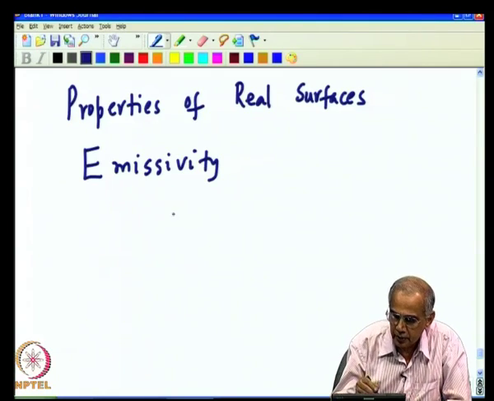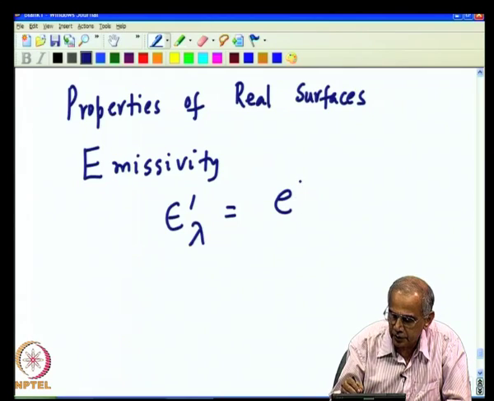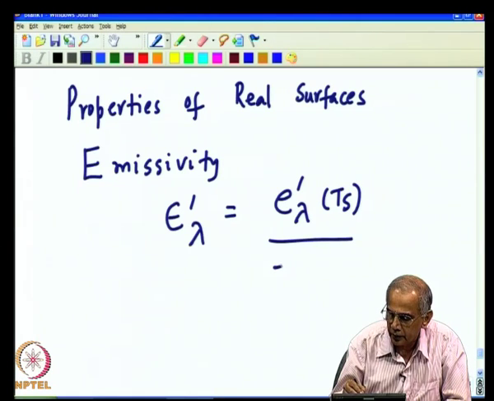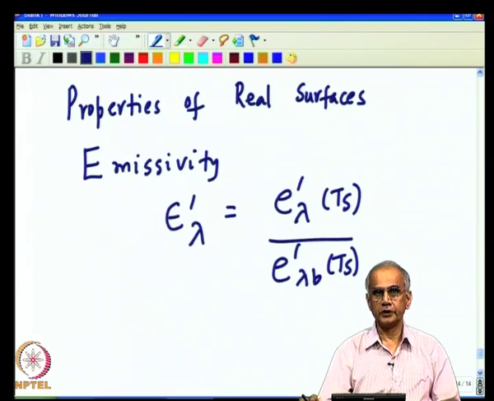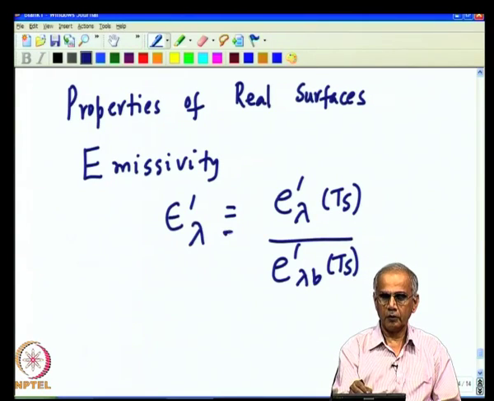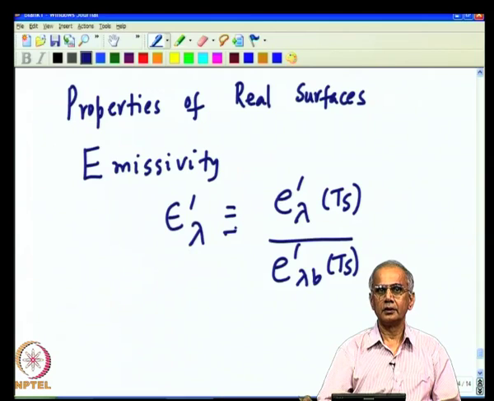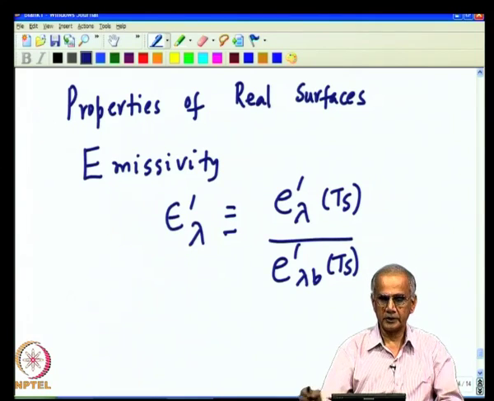For example, the directional spectral emissivity of a surface is the emission in a given direction and given wavelength by the actual surface to that of the black body at the same temperature. So, this is a very fundamental definition of directional spectral emissivity.